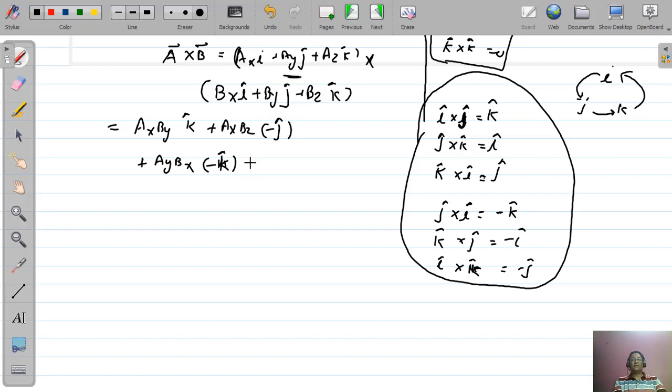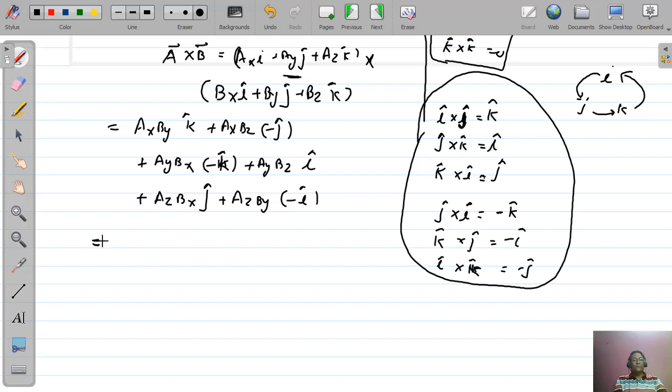Next is ay bz, and j cross k gives i, plus az k into bx i, az bx k cross i gives j, plus az by k cross j, that means minus i, and last term k cross k, that is 0.